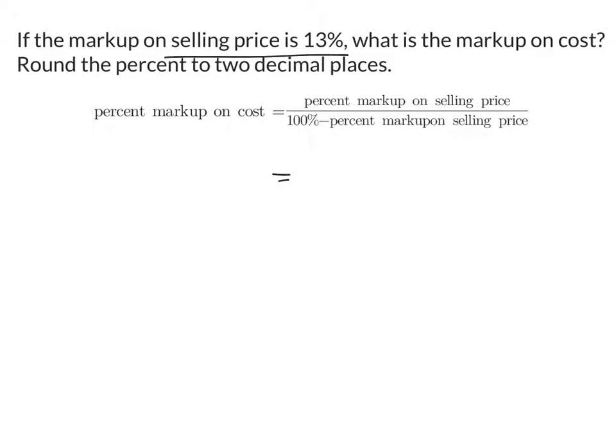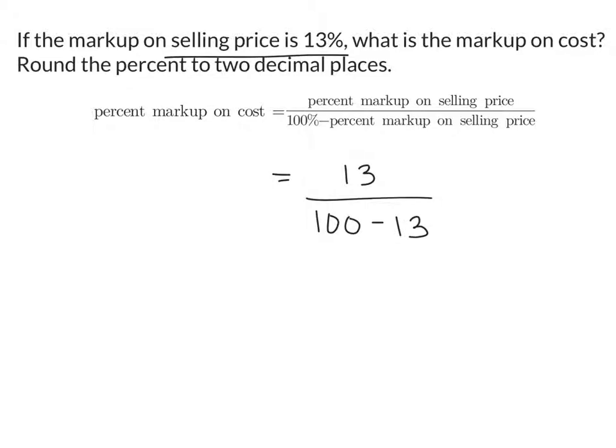So we have the percent markup on cost equals the percent markup on selling price, which is 13%, divided by 100% minus the percent markup on selling price, which is 13. So 100 minus 13 gives us a value of 87, and then 13 divided by 87 is a decimal of 0.149492527874.